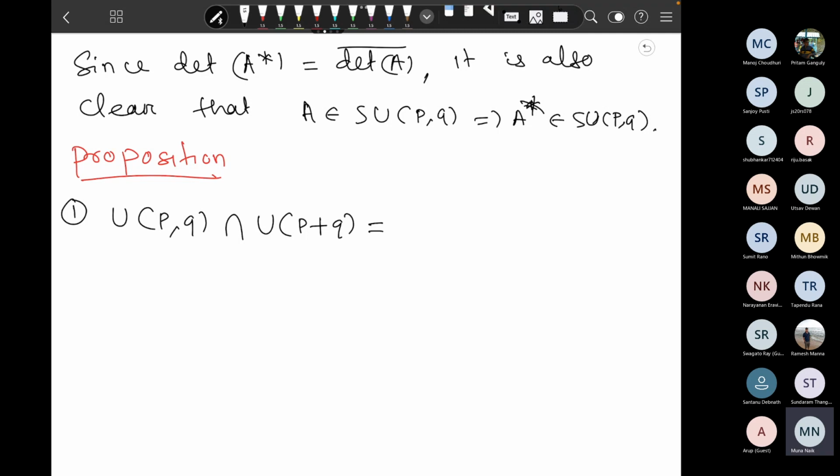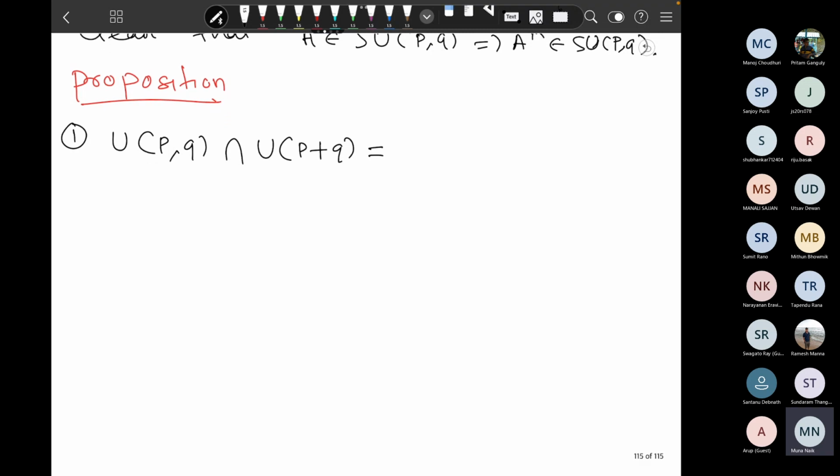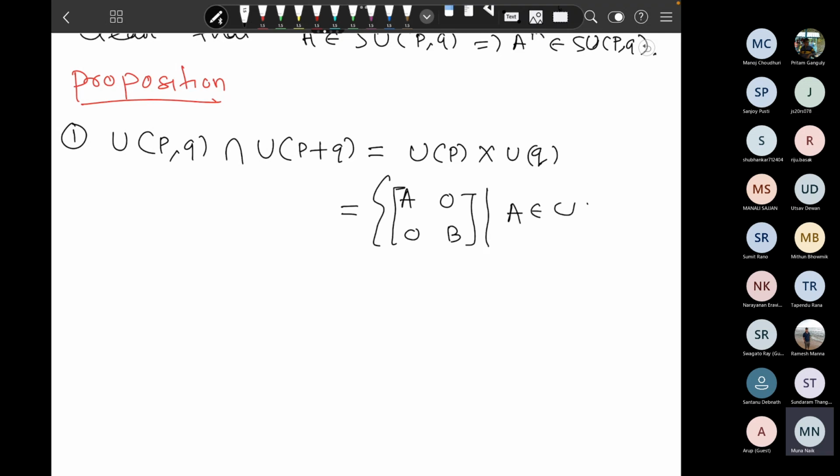It is very easy to actually guess this if you have done it, because we have done this for O(P,Q). You guess this will be something like U(P) cross U(Q), that is the matrices with blocks A, 0, 0, B, so that A belongs to U(P) and B belongs to U(Q). And the second thing, Pratham, can you guess the second thing?